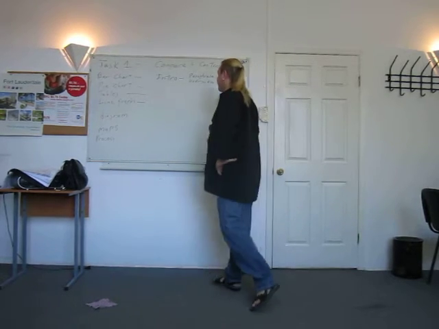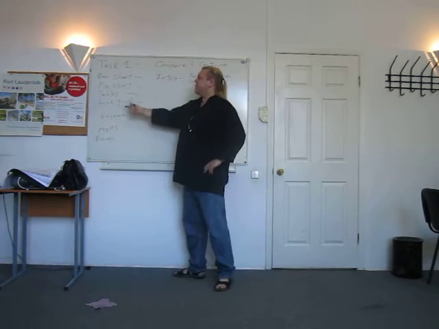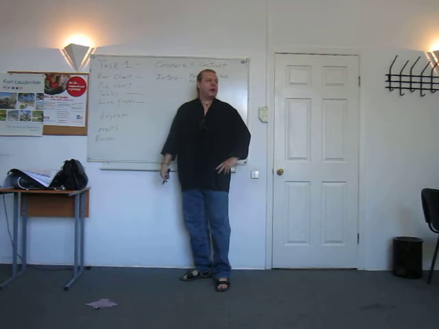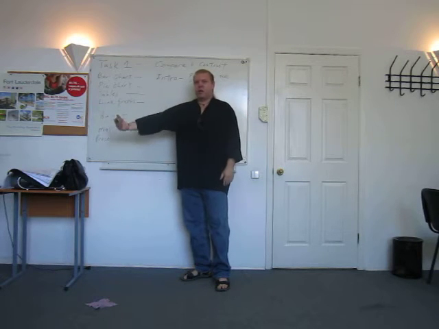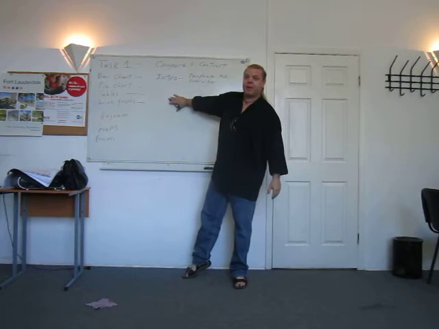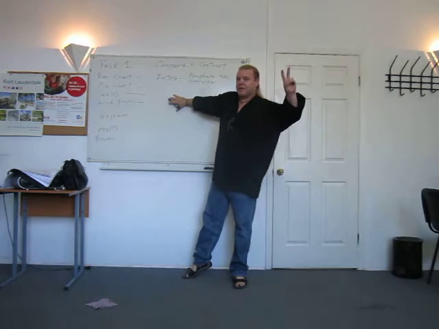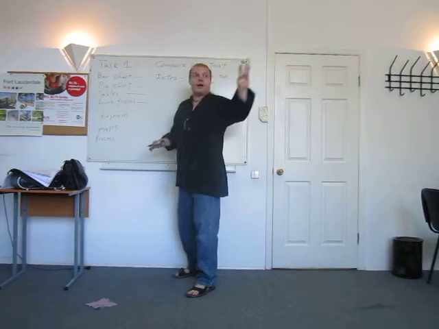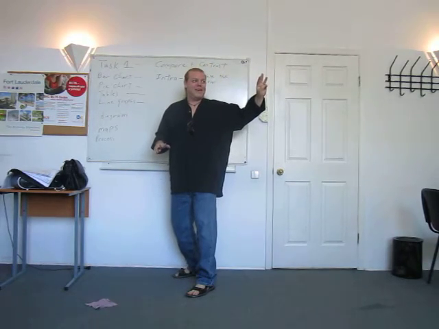Okay. All right. Now, generally, per graph, how many paragraphs do you have? 1. Okay, good. If they give you 1 graph, generally it's going to be 1 body paragraph. 2 graphs, 2 paragraphs. Good. 3 graphs, maybe.